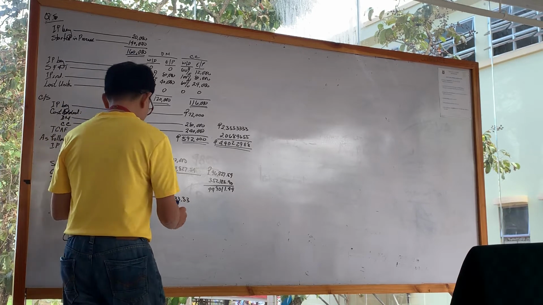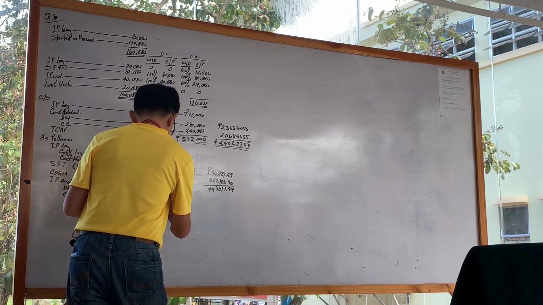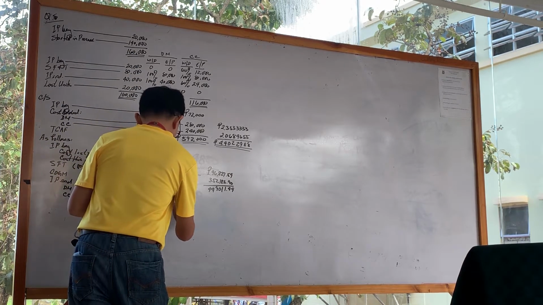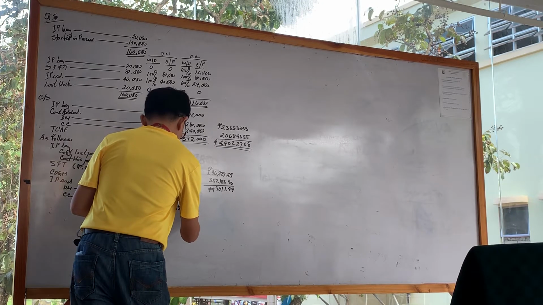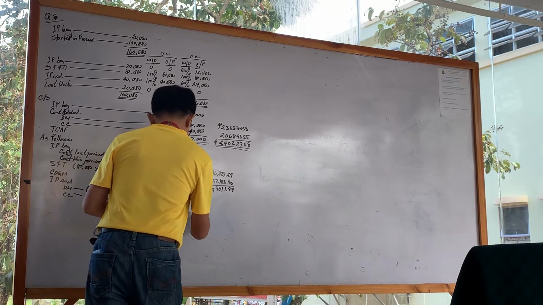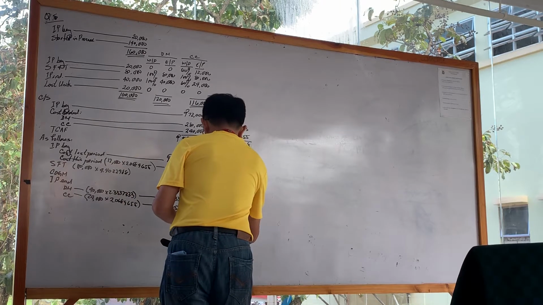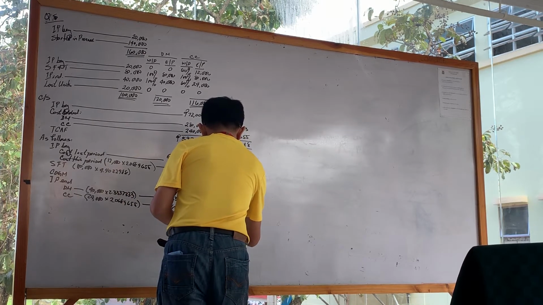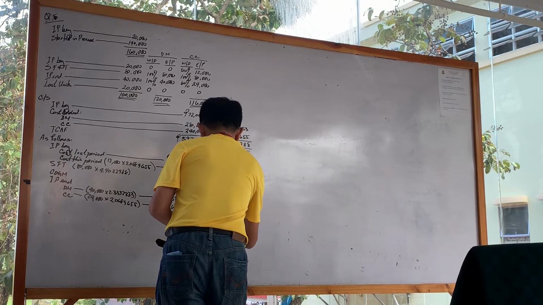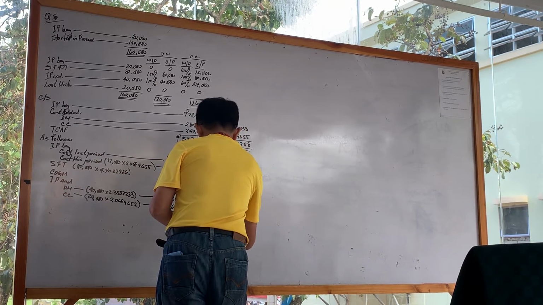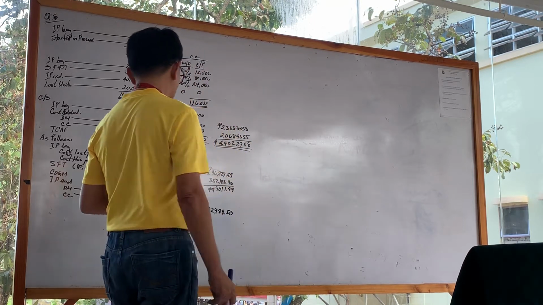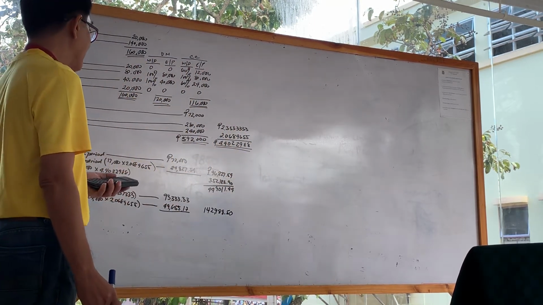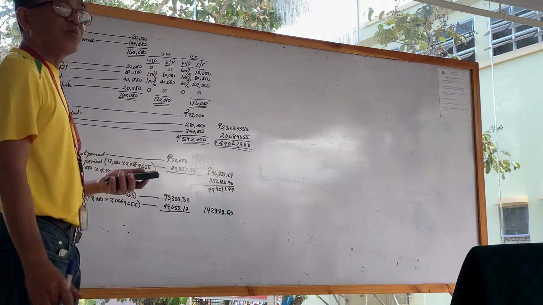That will give you 49,655.17. Total 142,988.50.